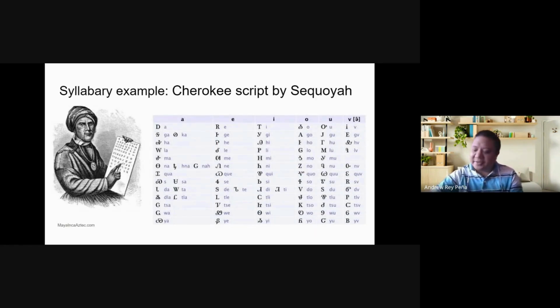Now, there was this awesome guy. His name was Sequoia, from the Cherokee Nation in the United States. Now, the Cherokee Nation had no writing system, but Sequoia was so bright that he decided to write down the Cherokee language.